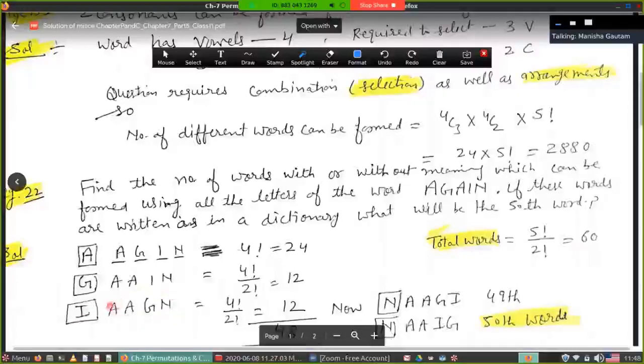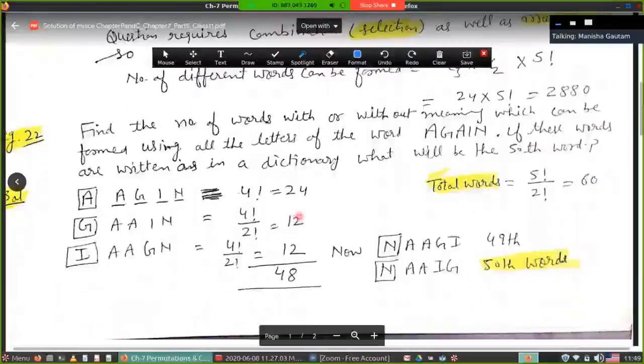AAGN. Again, the number of ways to calculate is 4 factorial upon 2 factorial. When you are adding these, you are getting 48. It means up to I fixation, when you fix the I, you are getting a total of 48 words formed. Now, how many are left? Now, first calculate the total letters.